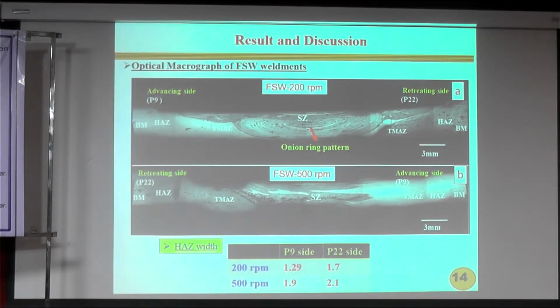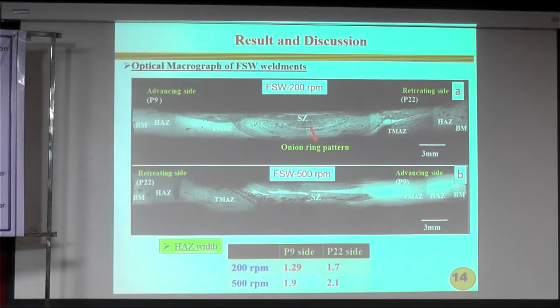On the other hand, in the case of the P9 side, since it is a dissimilar weld, the P9 side heat affected zone size is less compared to the P22 side. P22 means 2.25 chromium molybdenum steel, whose thermal conductivity is 33 watt per meter Kelvin. But in the case of P9 steel, the thermal conductivity is 19 watt per meter Kelvin.